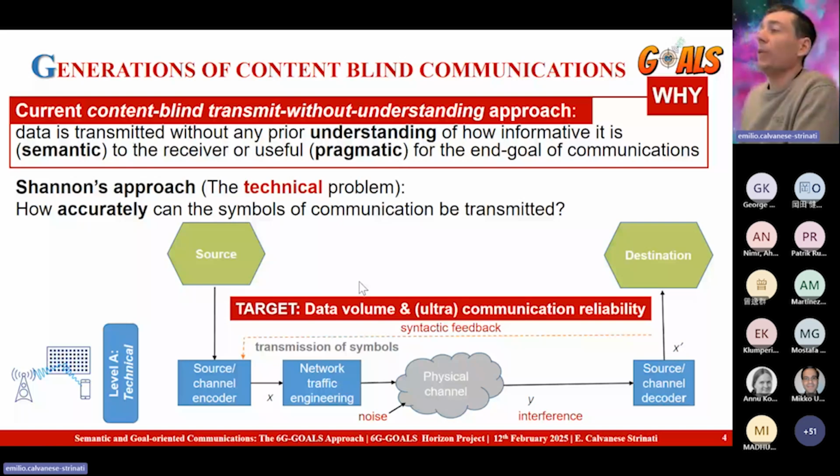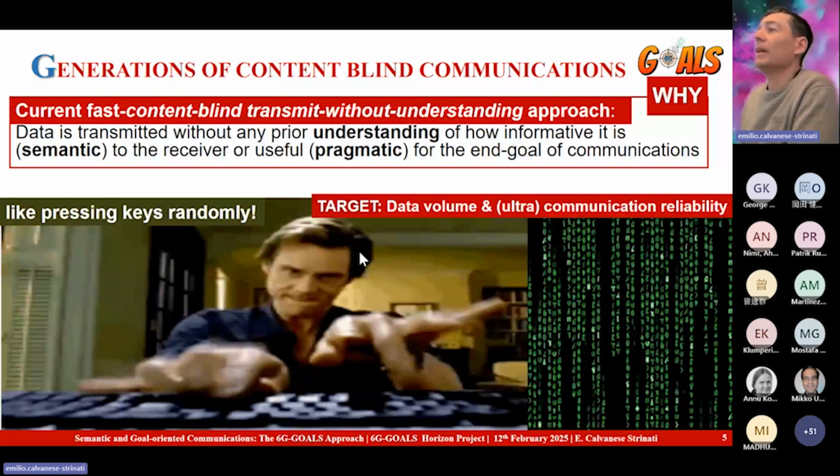We are asking to be very precise, but without having an idea of exactly what we have to send. So indeed, the question is, can we move from communication reliability to end-goal reliability? It can be inference reliability, or reliability in terms of decision making, and so on.